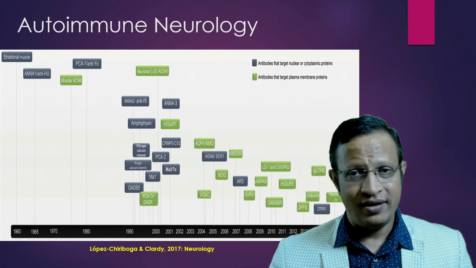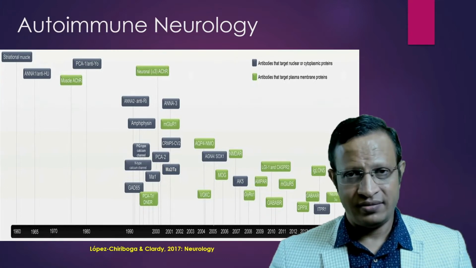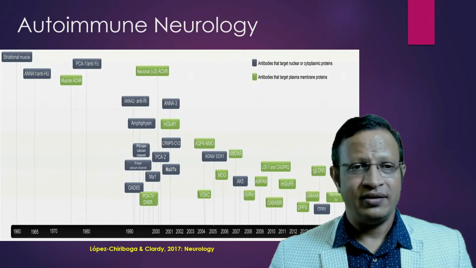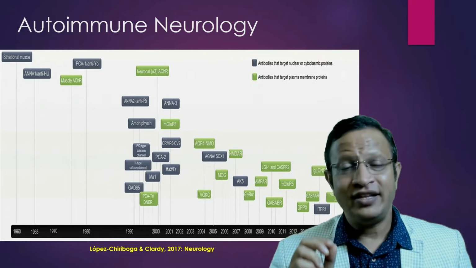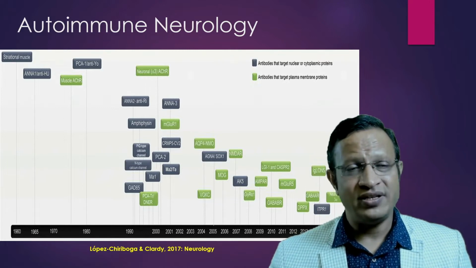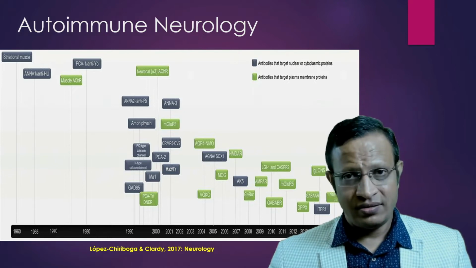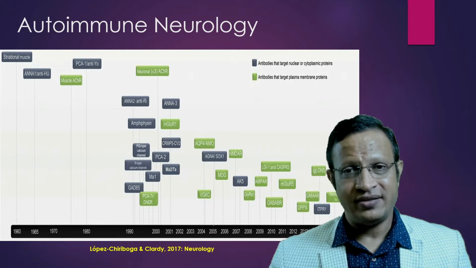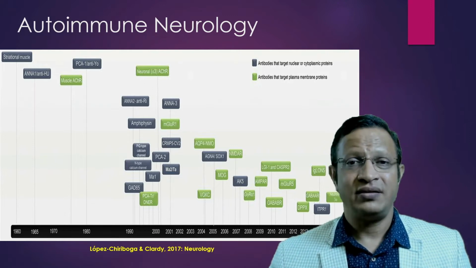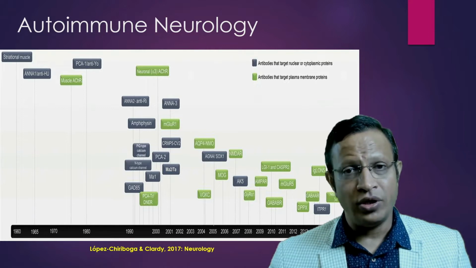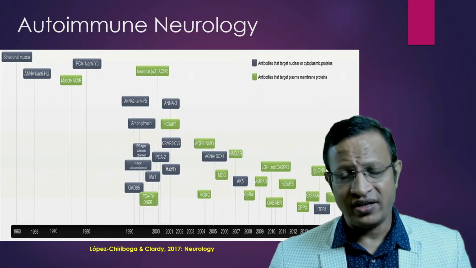Advances in the medical field have been growing very fast. As you see in this chart, in 1960, the first antibodies targeting the striated muscles were noted. And in the past 1 or 2 decades, many antibodies have been recognized. That means the advances in autoimmune neurology are occurring at a very fast rate.